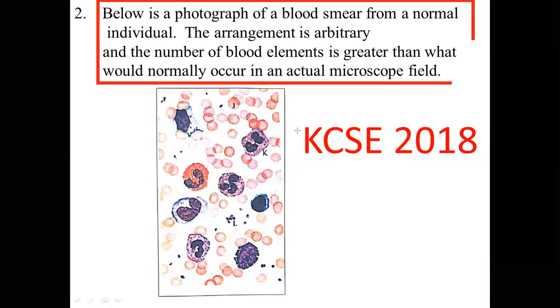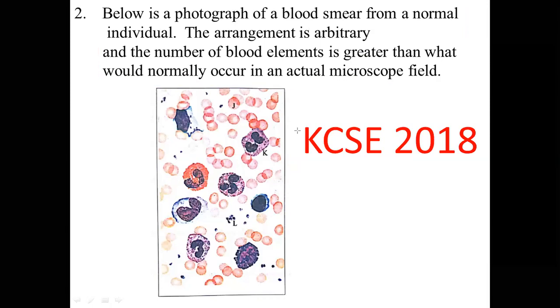Now, we have J, K, and L. And I hope you can see J, K, and L in this blood smear. This is J, this is K, this is L. Wacha niulize mwanafunzi mmoja. By the way, I don't know kama Austin, sijui kama ameingia. There's a young man who had a problem entering the class.